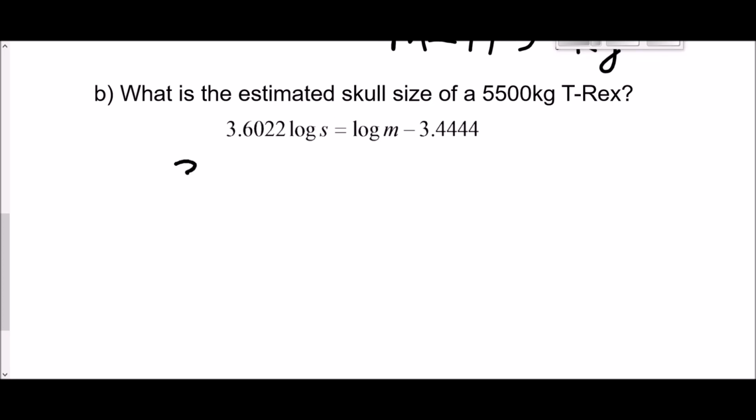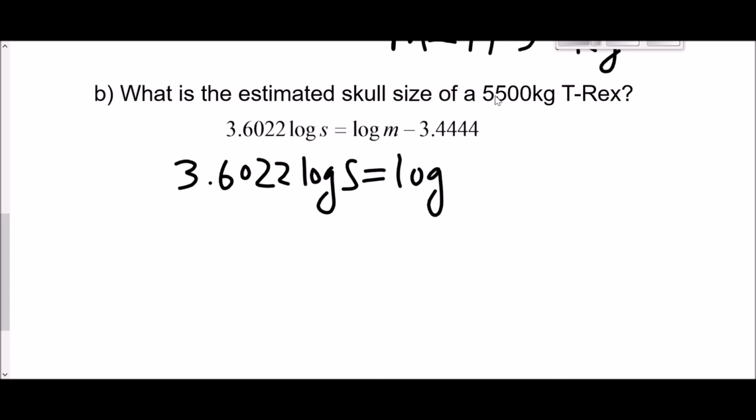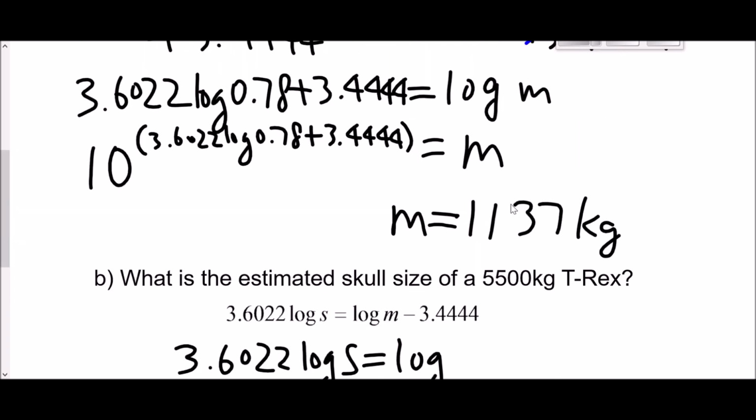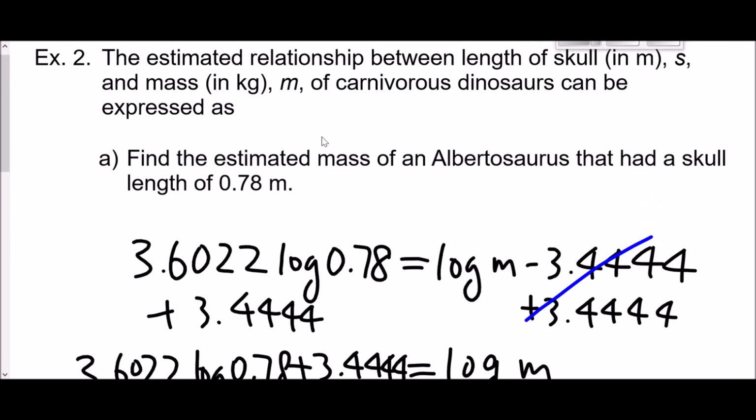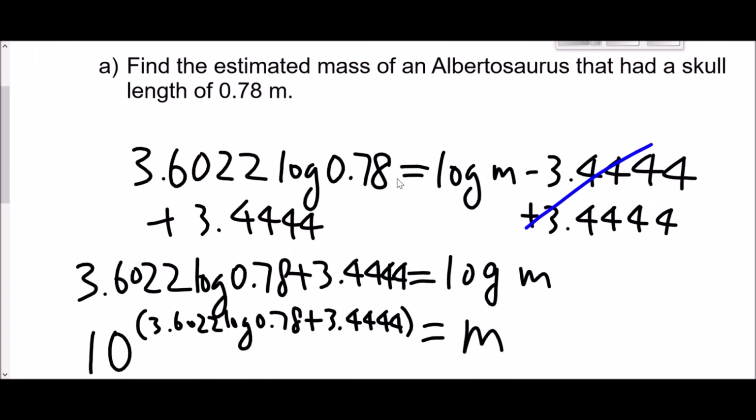So 3.6022 log of S equals log of M, which is 5,500 kilograms. It is already in kilograms, which meets the requirement of the mass in kilograms.